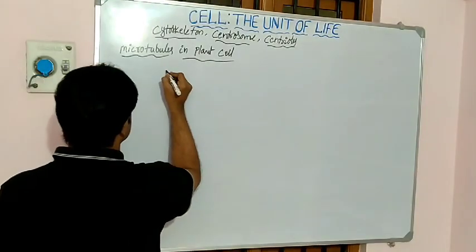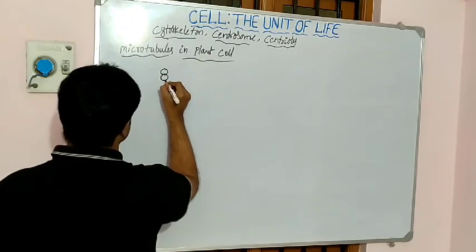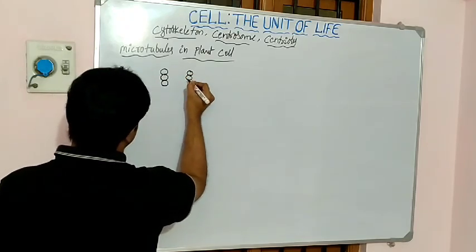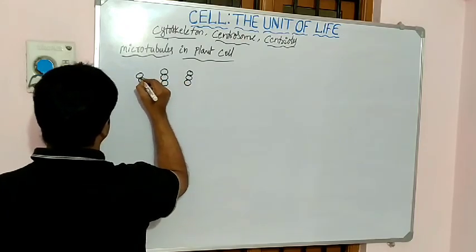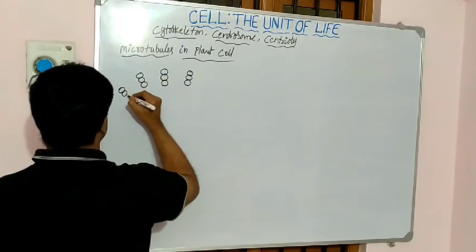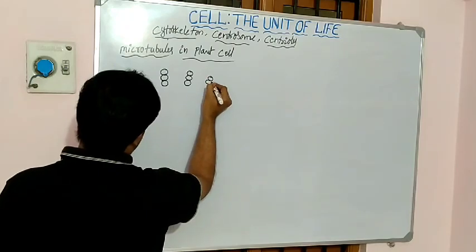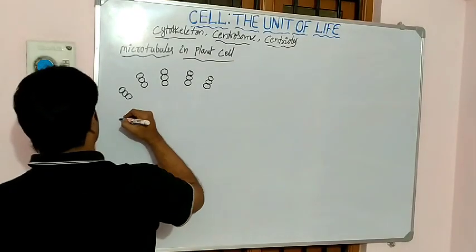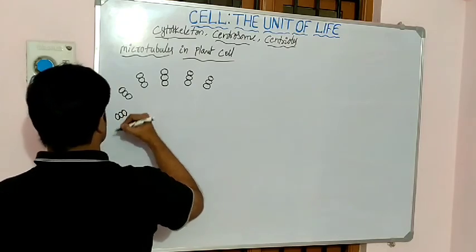See here, I will draw the diagram. These are the microtubules which are arranged one above the other. In total, there are mainly 9 microtubules.